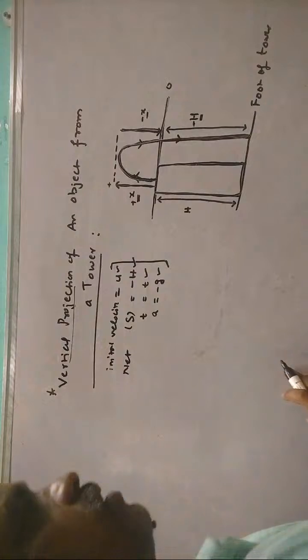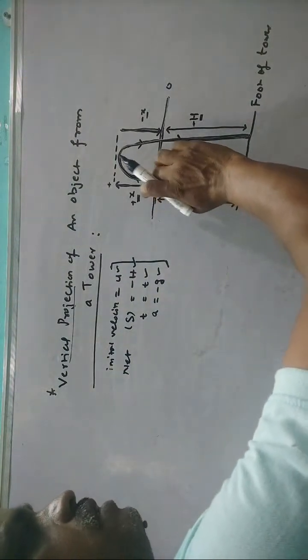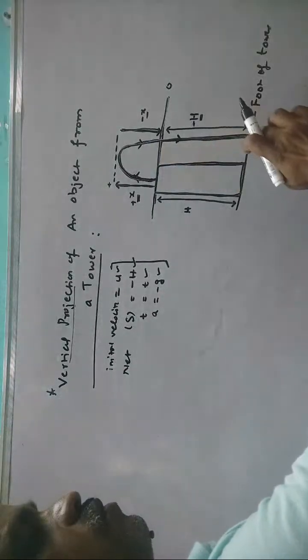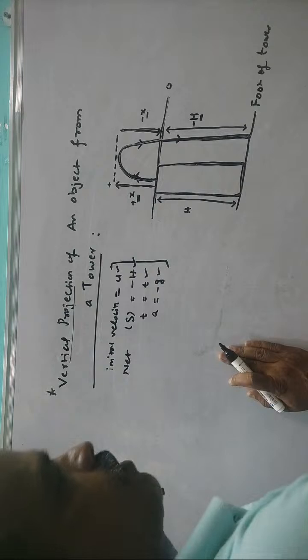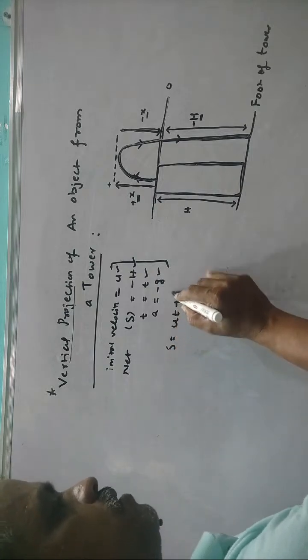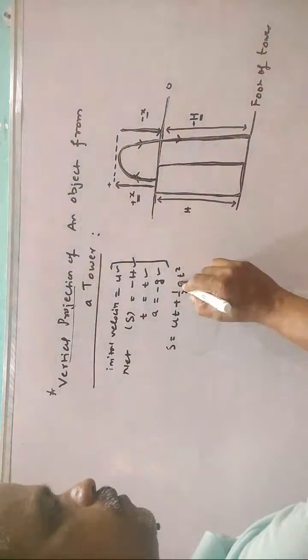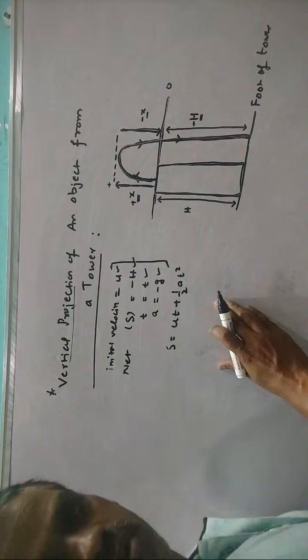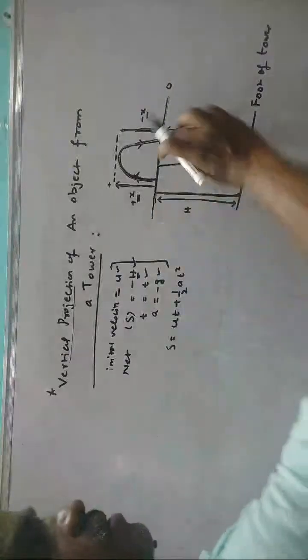So we have the equation. The body starts with initial velocity and takes time t to reach the foot of the tower, with the total displacement of the body. For that we have the second kinematic equation, s equal to ut plus half at square. Just substitute these values in this. s equal to minus h, the net displacement.